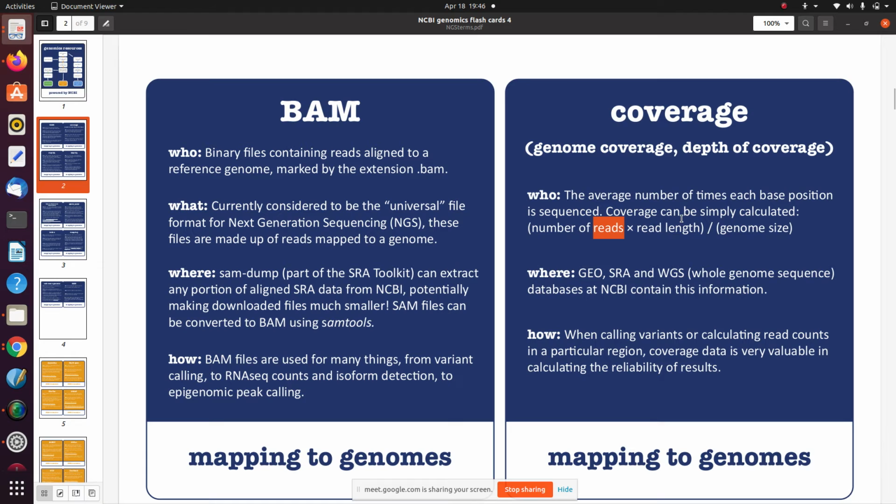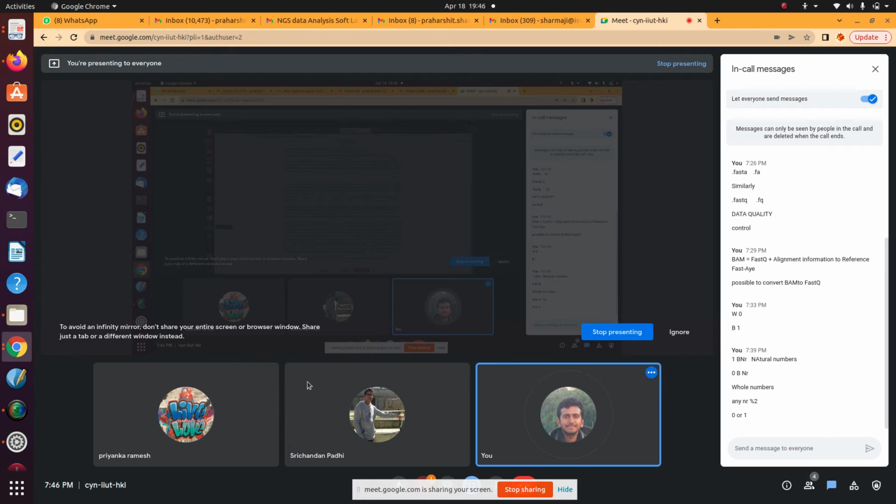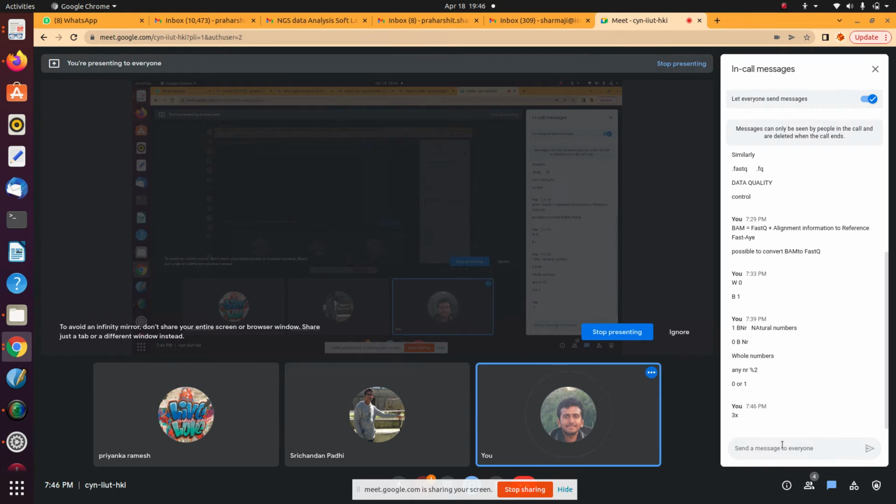What is 8 into 3 by 8? 3. So what is coverage? 3. Coverage is 3, which in bioinformatics terminology we read as 3x.